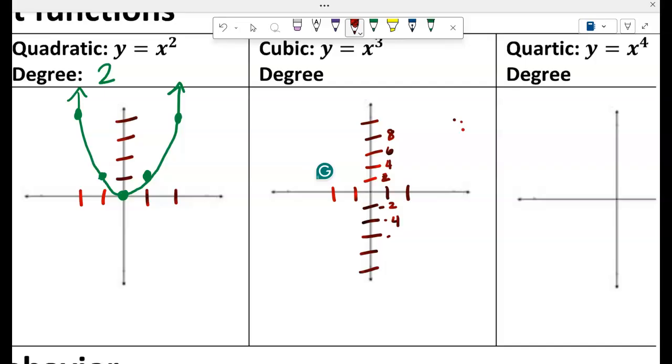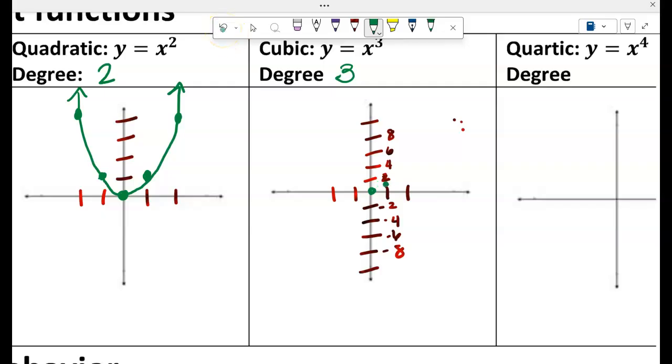Then -2, -4, -6, -8. So when x is 0, 0 to the third is 0. So your degree, guys, is 3. When x is 1, 1 to the third is 1. So I'm going to go really close because we rescale the y-axis. Only the y was rescaled, so I want to make sure.